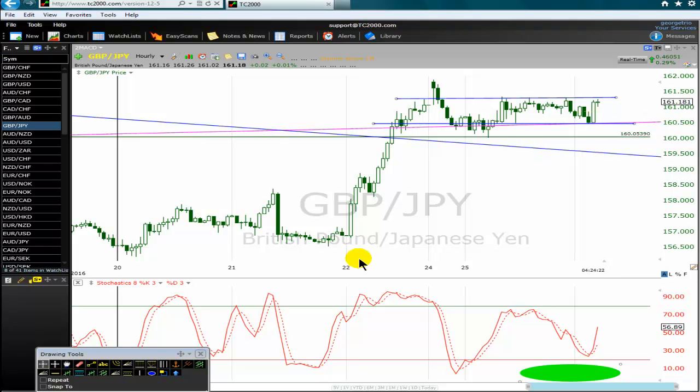Let me say something again. The market pattern and the market environment will determine the appropriate trading strategy. Now, I want to explain this to traders again. What do I mean by that?